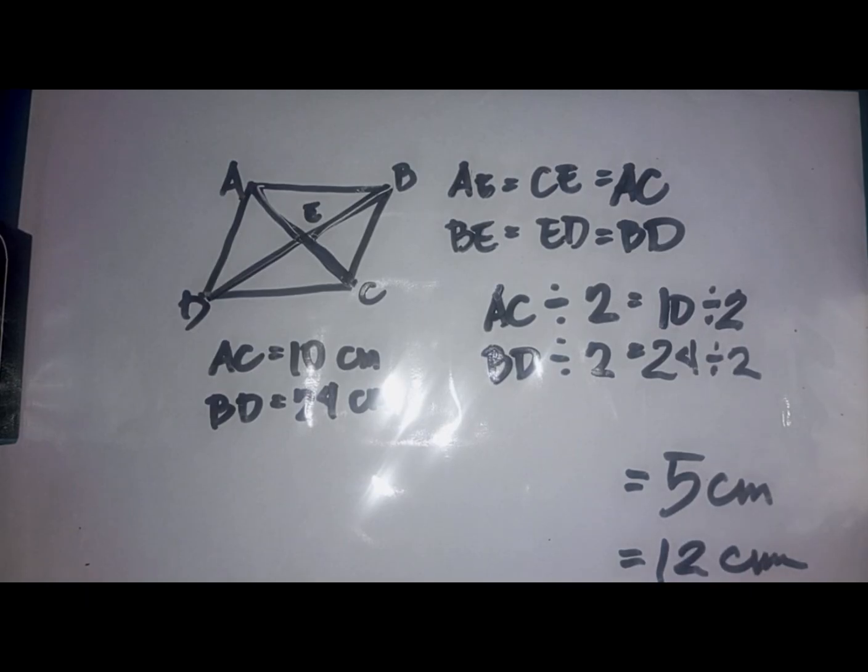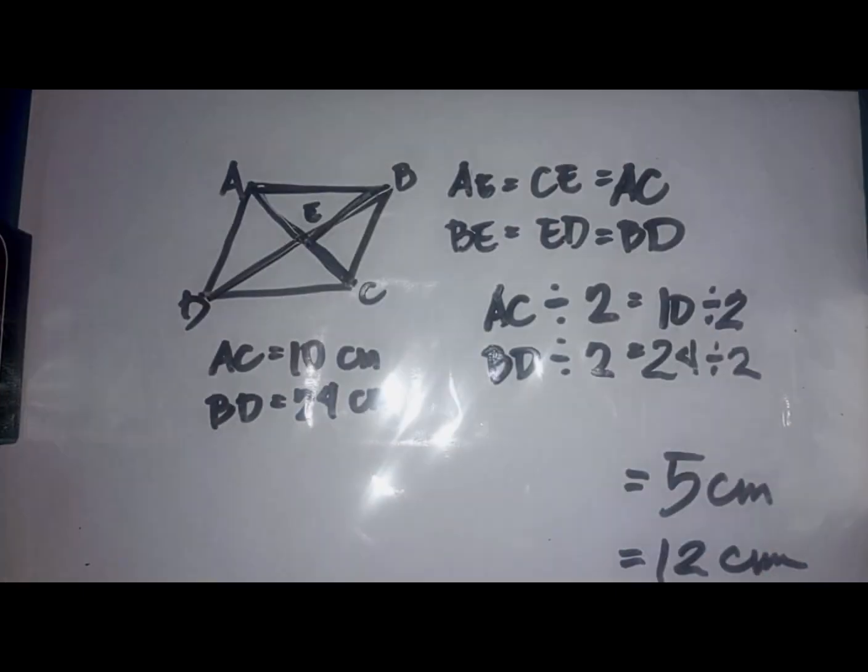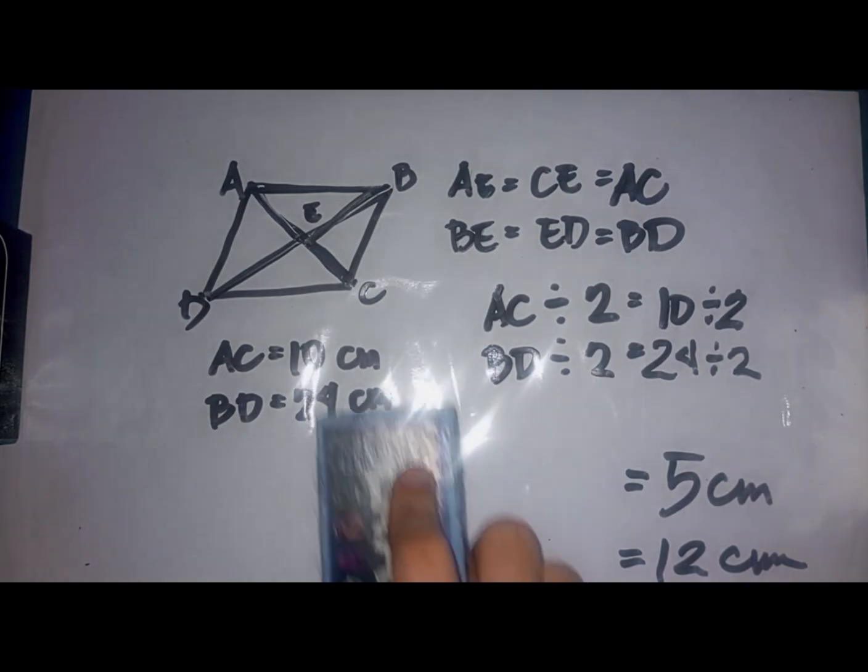Now check if the diagonals are perpendicular. Use the Pythagorean theorem in triangle ABE. Check if AB squared equals AE squared plus BE squared.